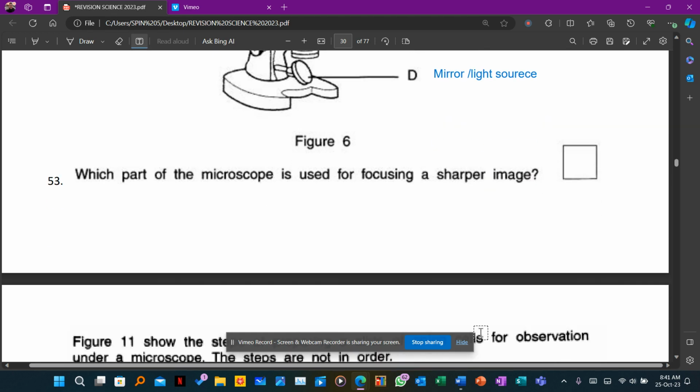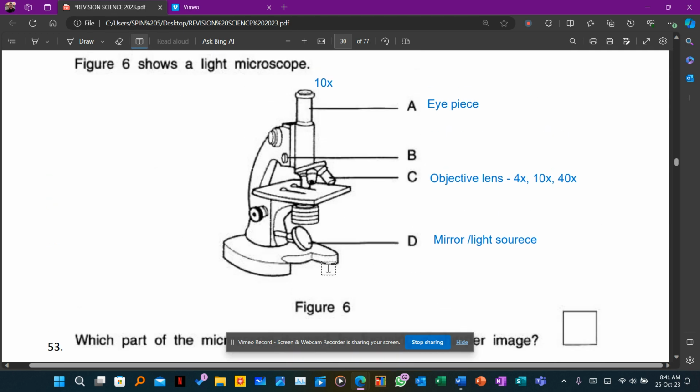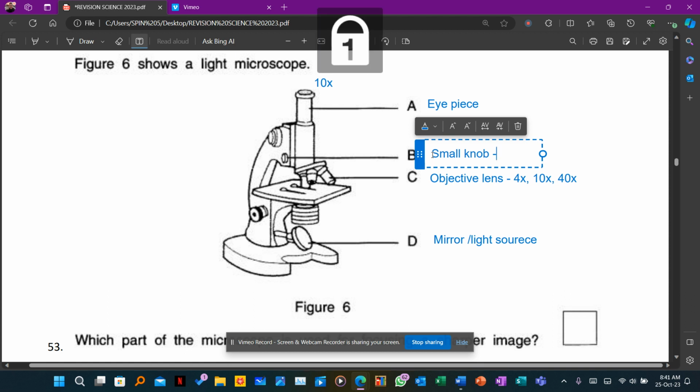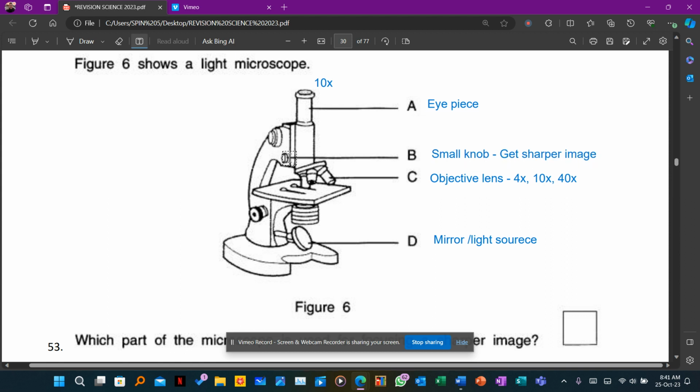So this one, how to get the sharper image, we're looking for the small knob. So I guess this one is the small knob because, okay, that one is the small knob. And like I said, S referred to sharper image. Get sharper image. And therefore, this one on top here should be large knob.